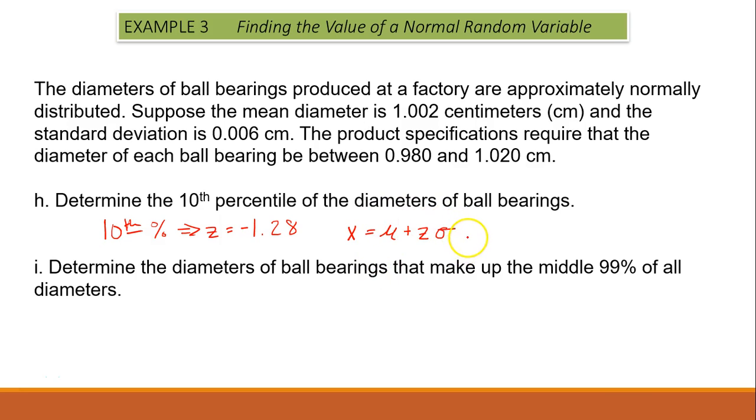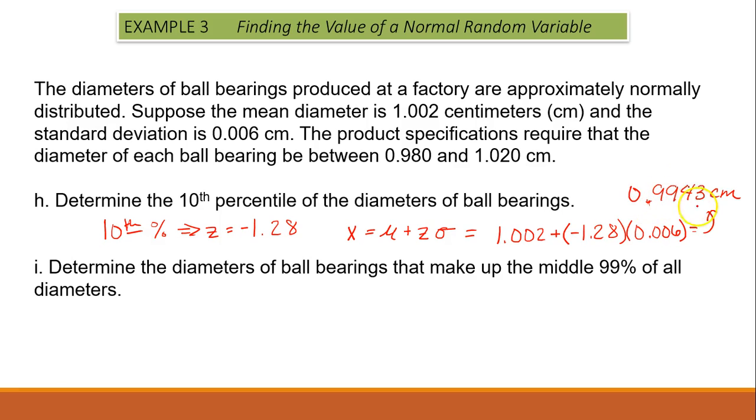We are going to plug in our mean plus the z-score times the standard deviation, and that is equal to 0.9943, and that's centimeters.